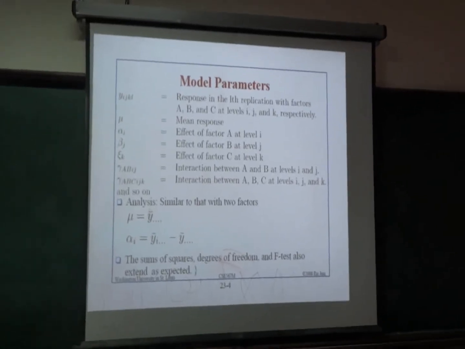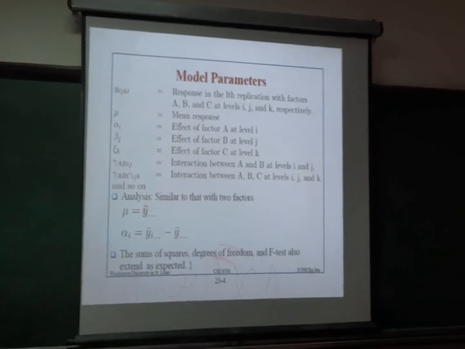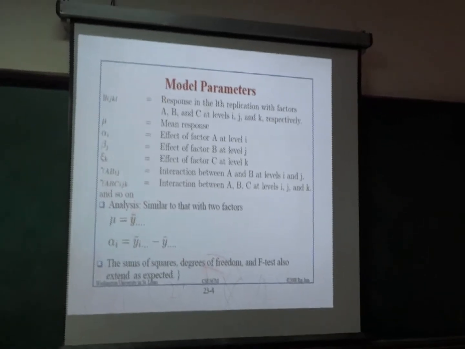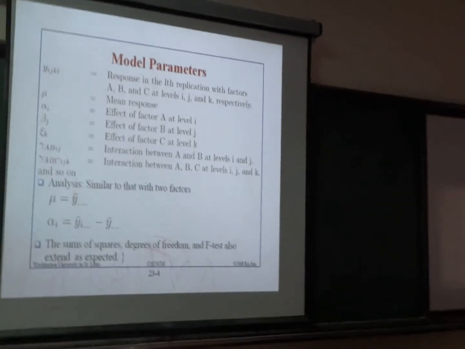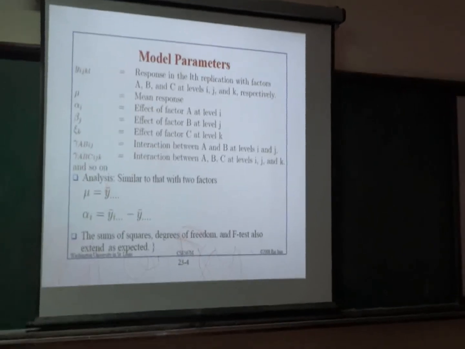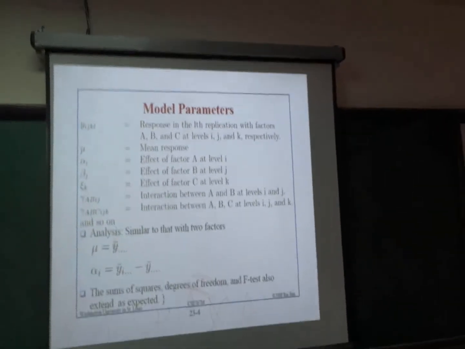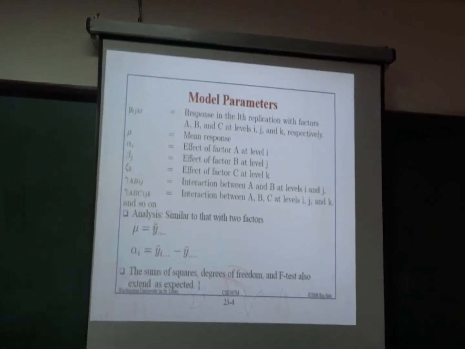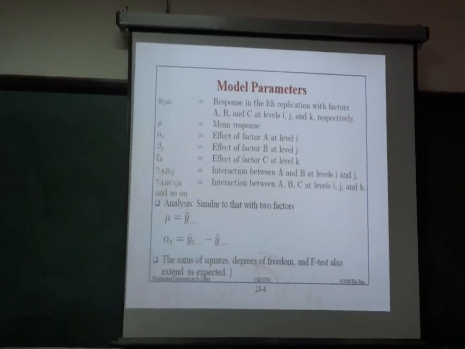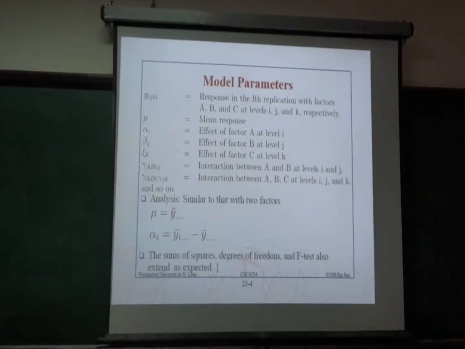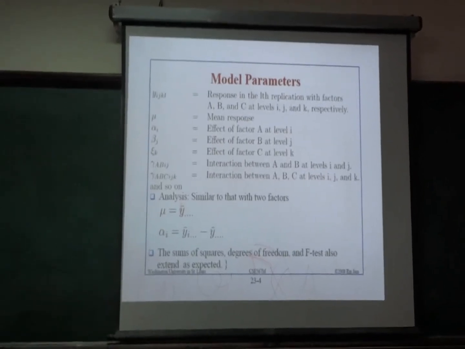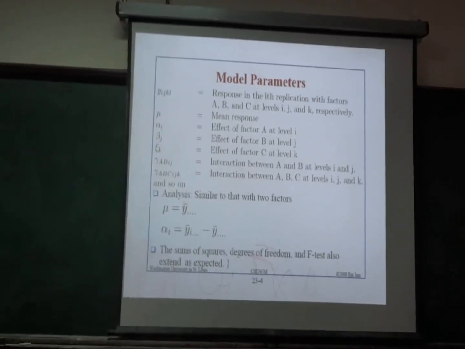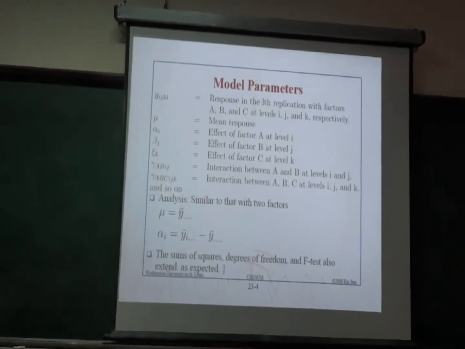Beta of j is equal to the effect of factor b at level j. Gamma of k is equal to the effect of factor c at the level k. Gamma of ab of ij is the interaction between a and b at the levels i and j, where gamma of abc ijk is the interaction between a, b, c at levels i, j and k, and so on.